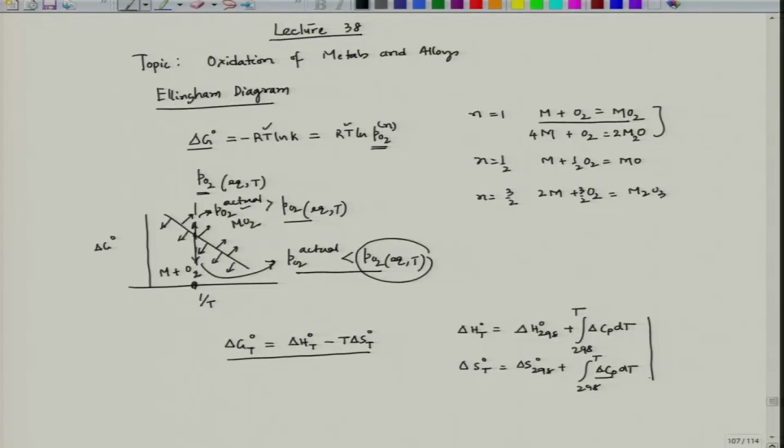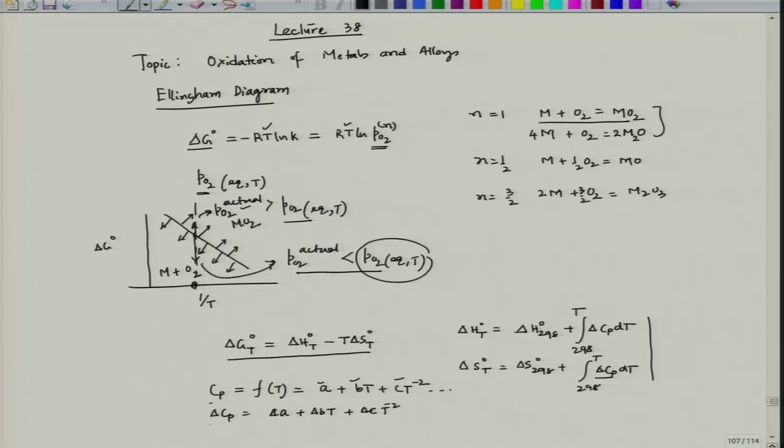So, now we get this, and Cp is a function of temperature, a kind of polynomial function of temperature, which can be written like that. Now, these are constants, and then I can write delta Cp equal to delta A plus delta B T plus delta C T to the power minus 2.